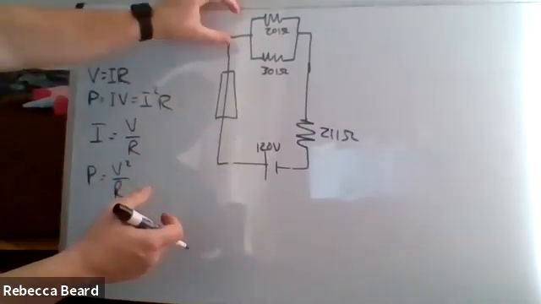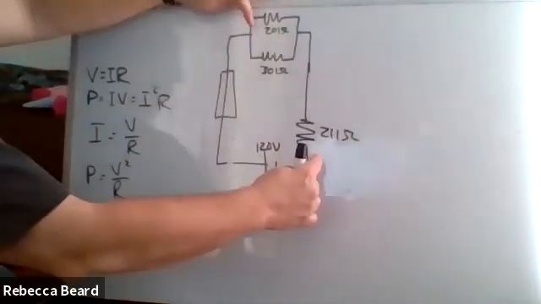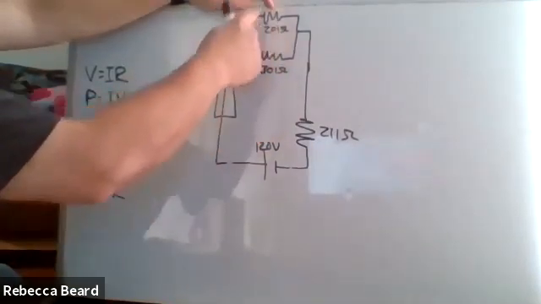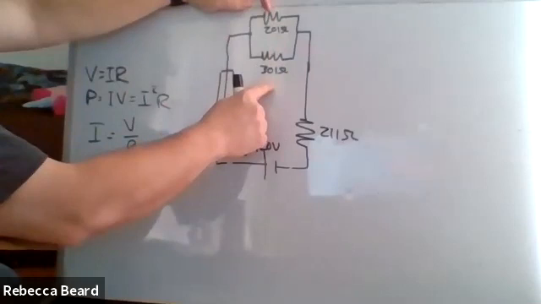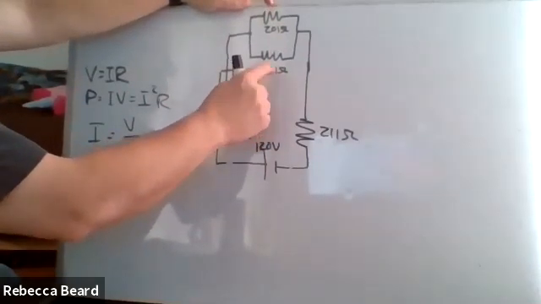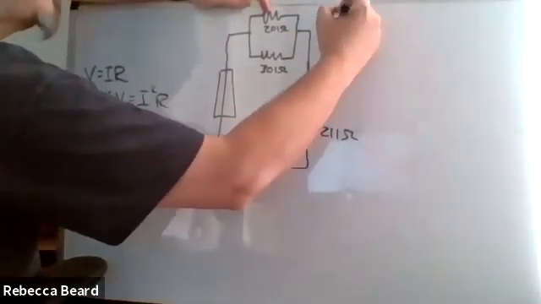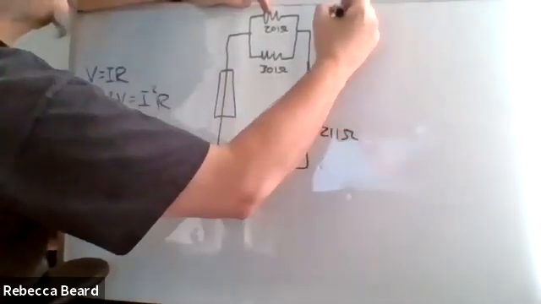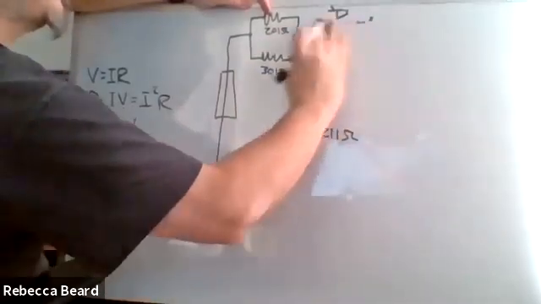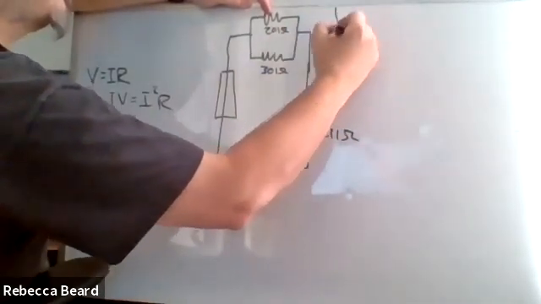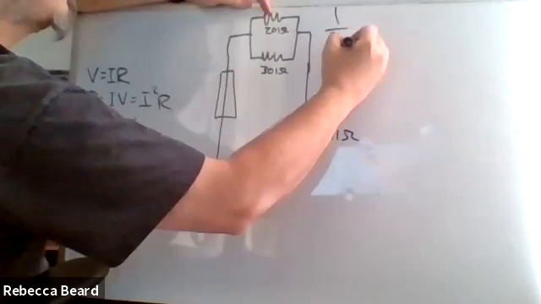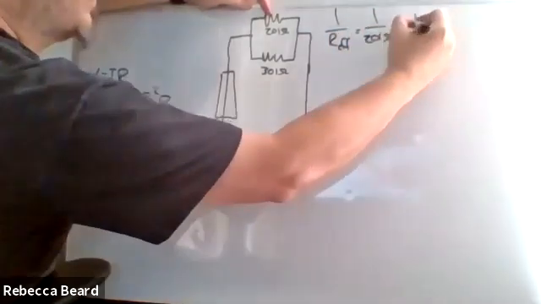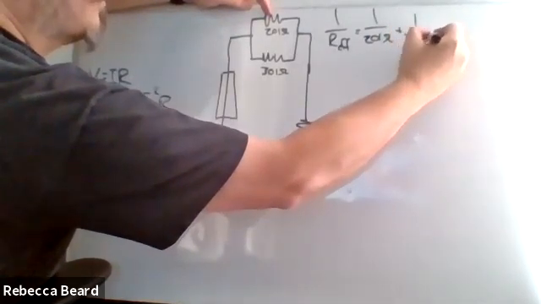So the first thing we're going to do is, well, we could do them in series, but we really can't because we don't know what this one is. So we've got to do this one first. These are two resistors in parallel. What's the effective resistance of this one? Let me redraw that so it's easier to see on the video later. 1 over R effective is going to equal 1 over 201 ohms plus 1 over 301 ohms.